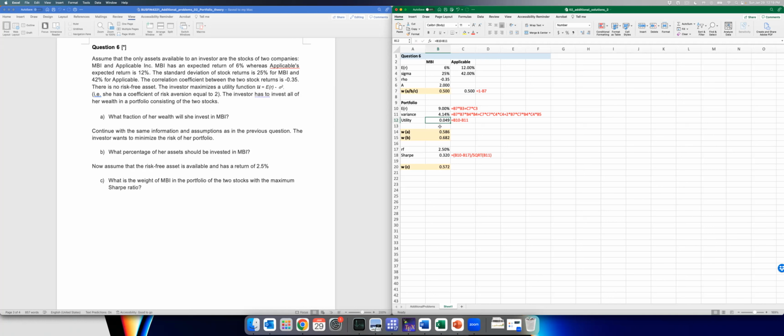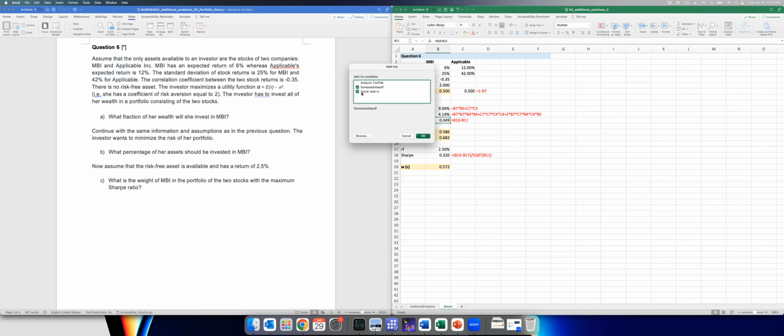So we need to use the solver plugin in Excel. To make sure that it is enabled, you first go to Tools and find Excel Add-ins. You want to make sure that the solver add-in is ticked, so it's chosen.